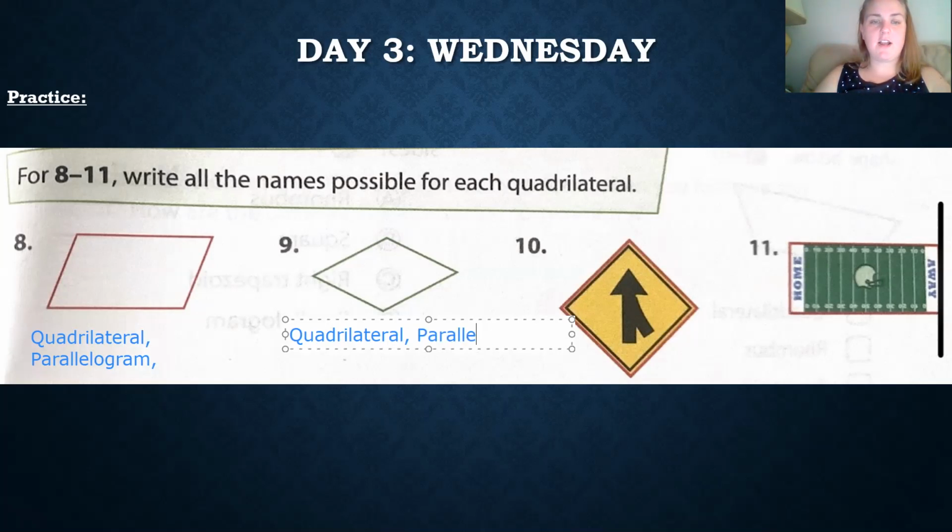And it's a rhombus. It's a rhombus because it's a quadrilateral that has opposite sides that are parallel and all sides are the same length. So these are all the same. So it is a rhombus.